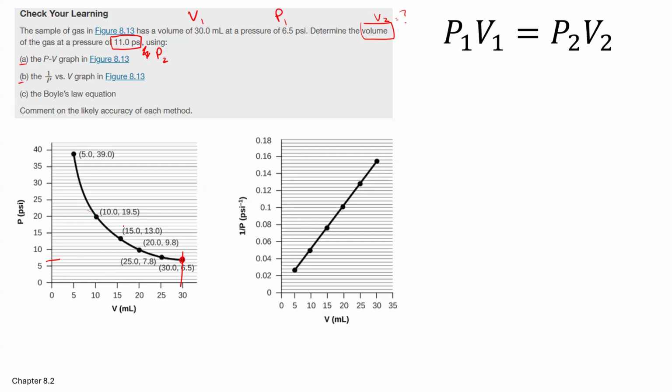So pressure would be the second number. So looking for the volume at a certain pressure. Sorry, let's look at the pressures here. This is the pressure. This is the pressure. So if you're looking at 11 psi, it's somewhere in the middle here-ish.